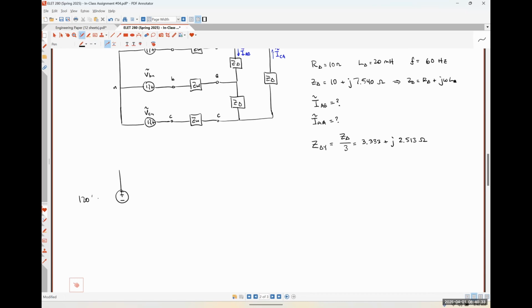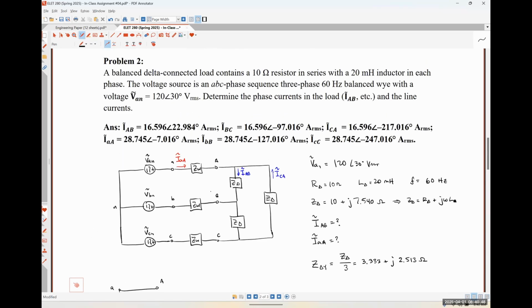So here's my VAN of 120 angle 30 degrees, volts RMS. Here's my short circuit for my transmission line impedance, since unless I misread this, I don't see it mentioned anywhere.